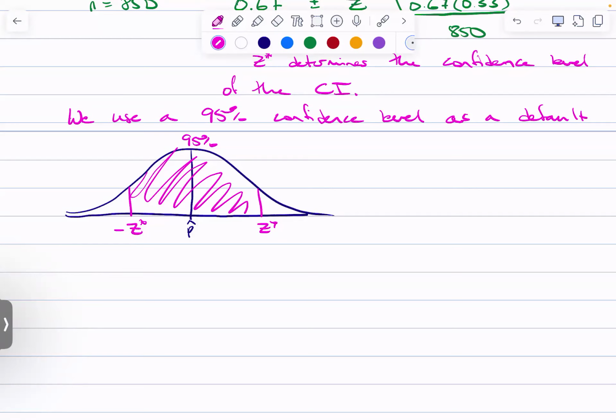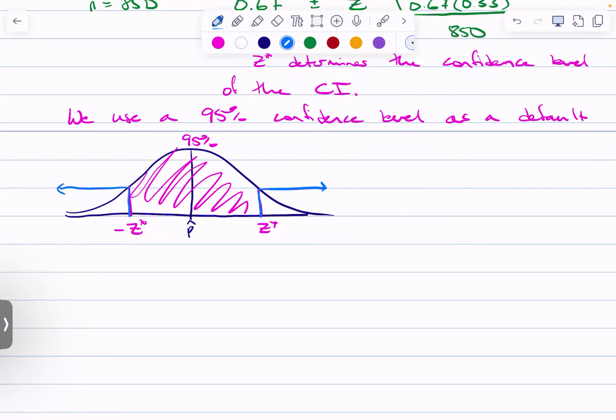Do you remember how to, and we only need to find our Z, right? How do we do it? We want to force the central 95%, right? And so working out from the center, that means that from here down, I have 5%, but only half of it, because I have the other half of the 5% up here, right?